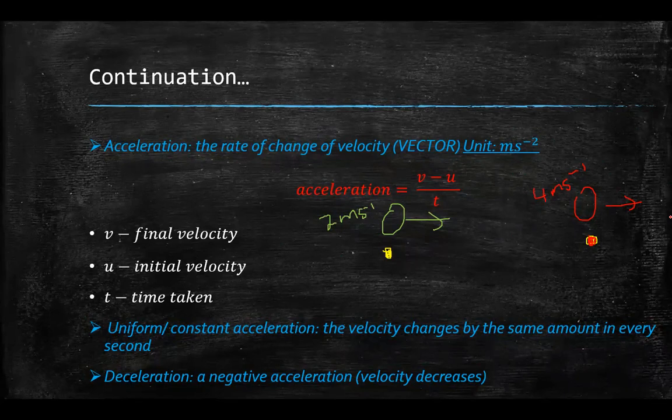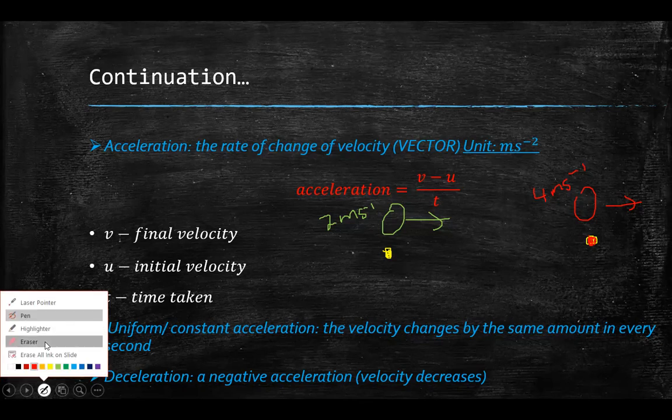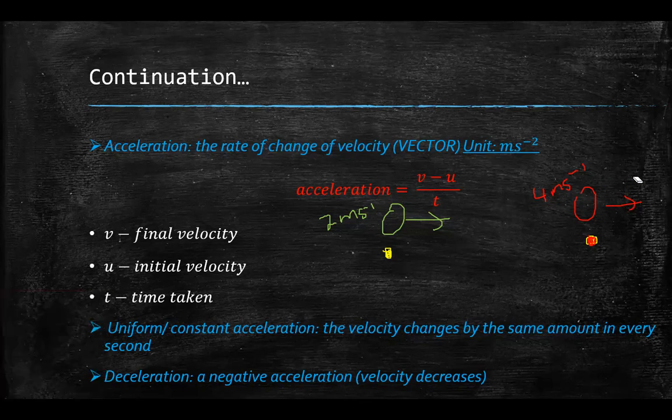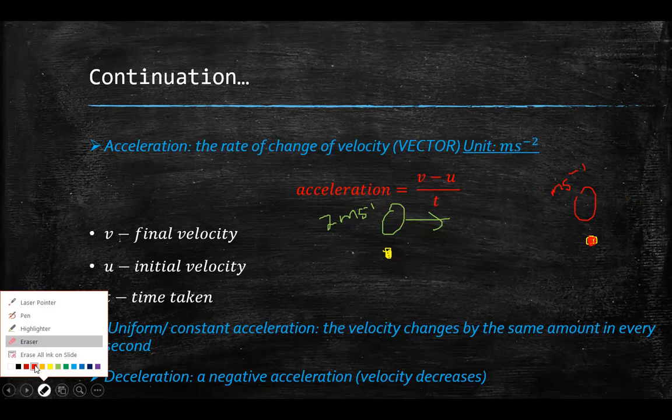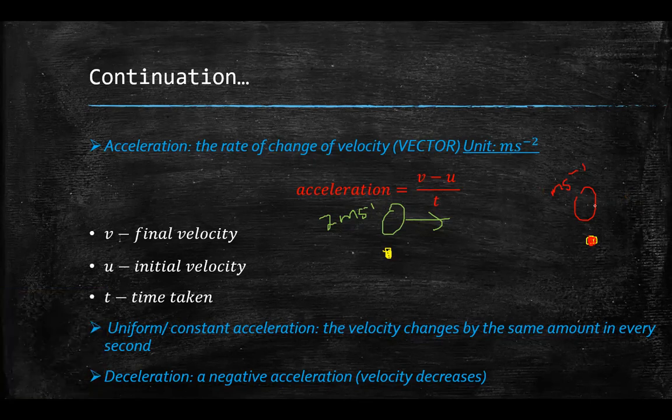But what if I told you, yes, this is still moving to the right, 2 meters per second. But then I check this point here. But instead of it moving 4 meters per second, it's still moving 2. But in this case, it's moving to the left. What would you tell me?